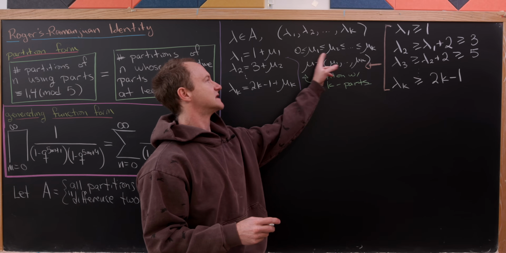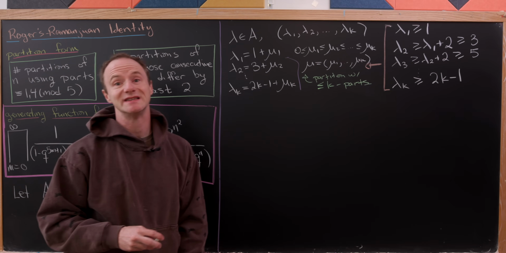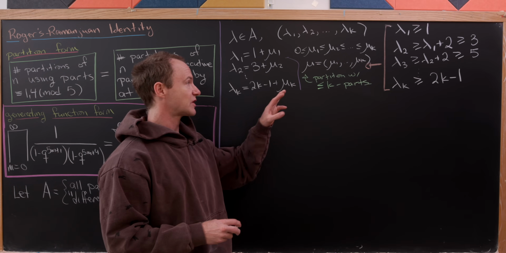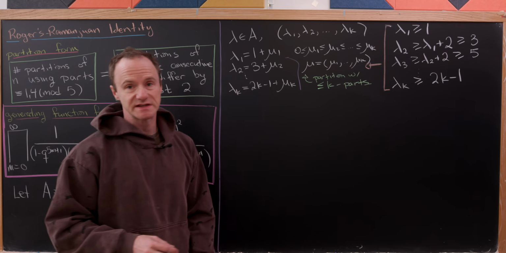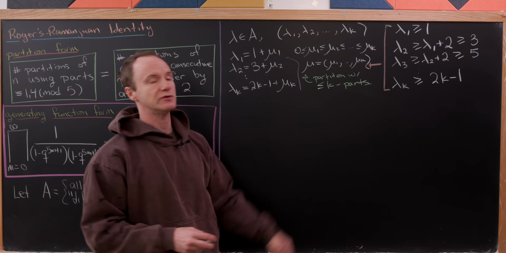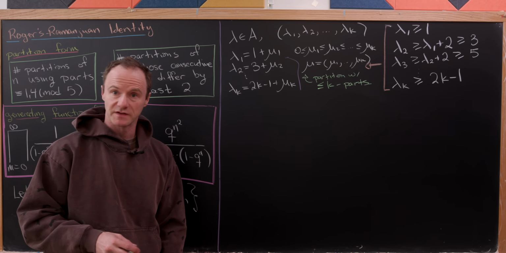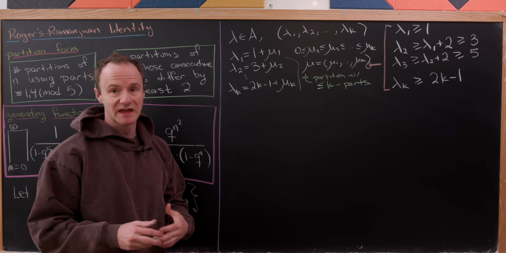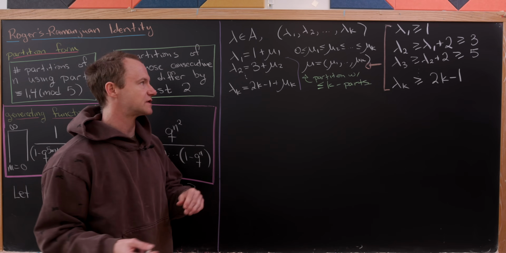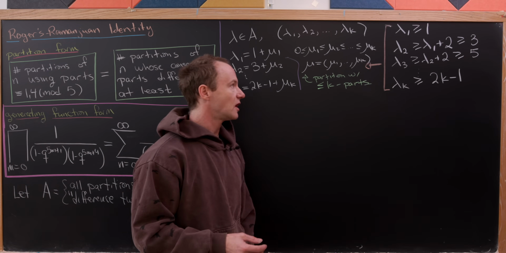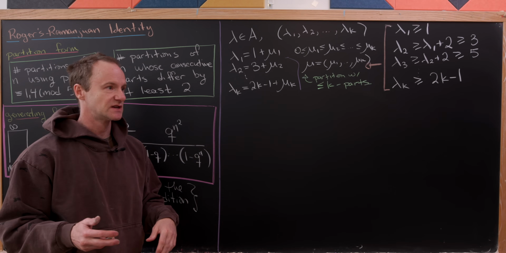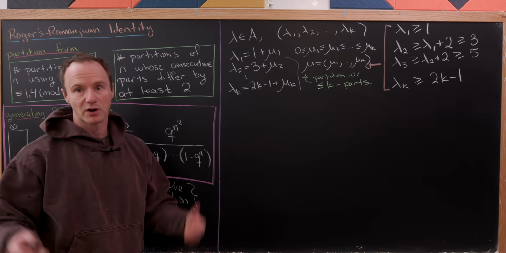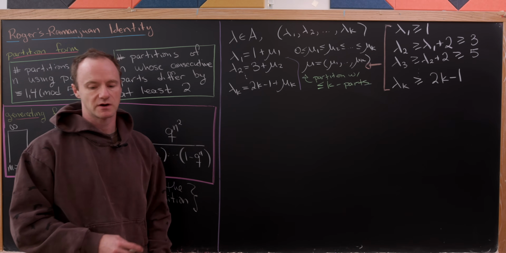Well, that's because some of these may be equal to 0. Now, if none of them are equal to 0, it's a partition with k parts. If the first one is equal to 0 and then mu 2 and so on and so forth are bigger than 0, then it's a partition with k minus 1 parts, and so on and so forth. Notice that if they're all equal to 0, it's a partition with 0 parts, which is allowed. That's just the empty partition for the number 0.